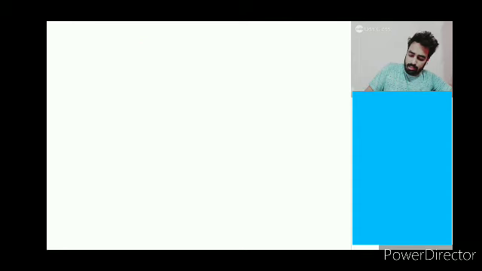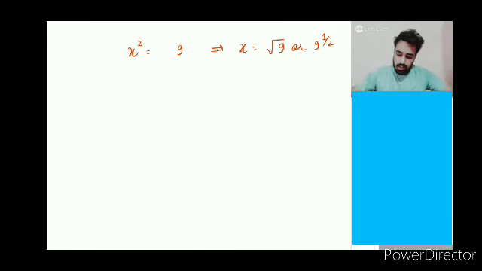और सिंपल तरीके से देखते हैं. Suppose you write x square is 9. So what do you write? You write x as root 9 or 9 power 1 by 2. Yes or no? If I'm writing x square is 9 and I want to find the value of x, the power becomes root 9 or 9 power 1 by 2.